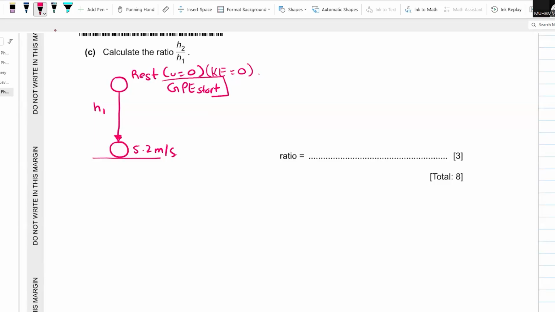In the starting, you will only have gravitational potential energy. At the end, you will have kinetic energy only, because the height becomes zero, so gravitational potential energy at the end will be zero. So the gravitational potential energy at the start is equal to the kinetic energy at the end.